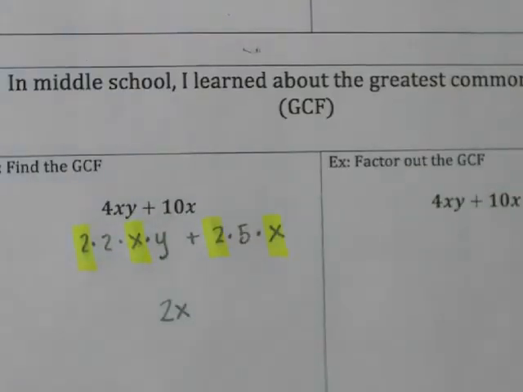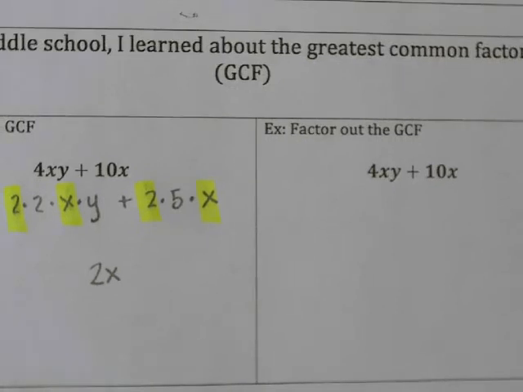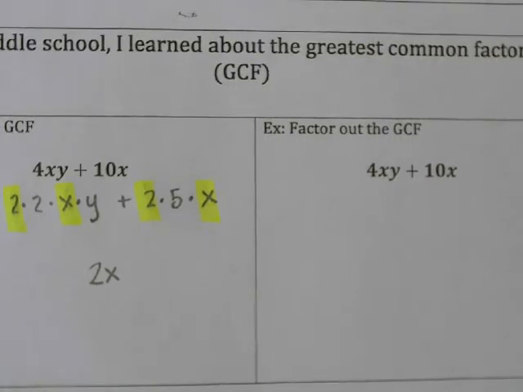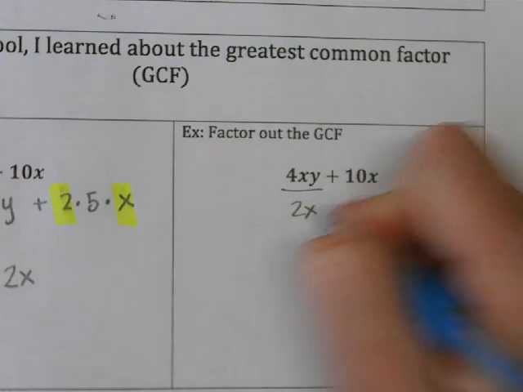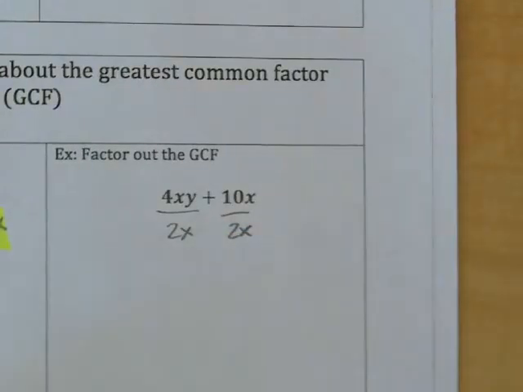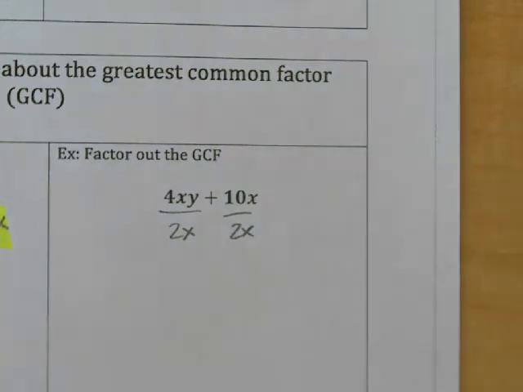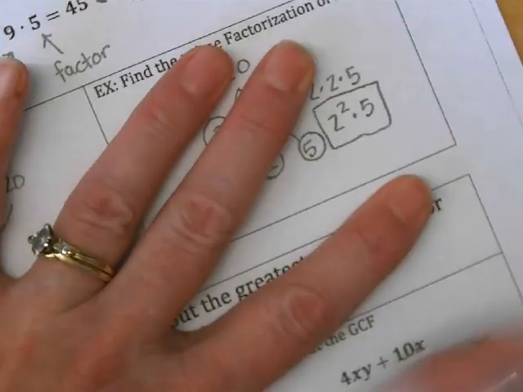Now, at some point they said factor out the greatest common factor. I've seen some students have some very bad habits, and I've seen them do weird things like this. If there's no equal sign, you can't just randomly divide by any number. So don't ever divide when it's asking you to factor.